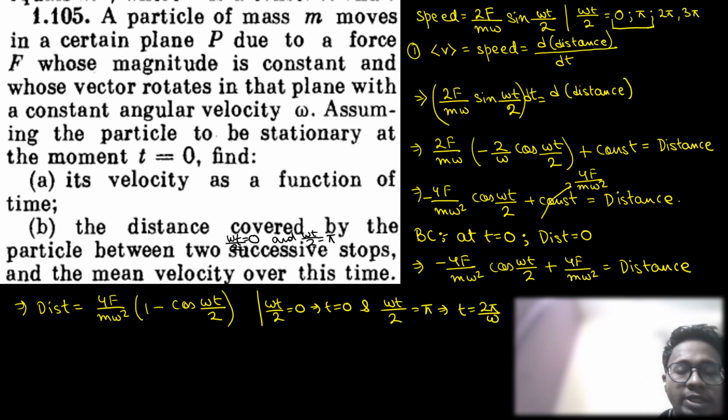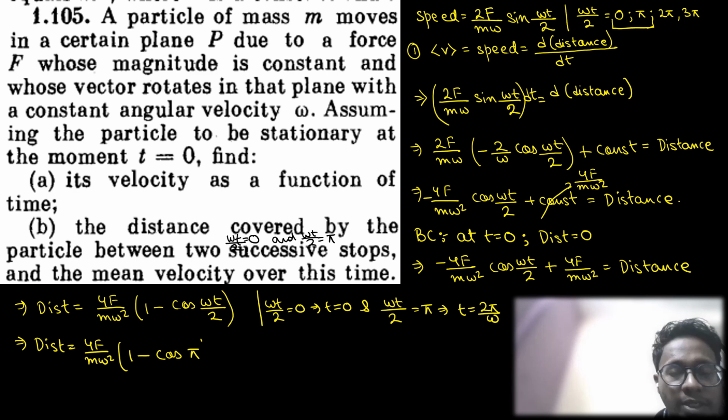What is the value of distance at t equal to 2 pi by omega? Distance is equal to 4f by m omega square into 1 minus, if I put 2 pi by omega here, it would be cos pi. The value of cos pi is nothing but -1.